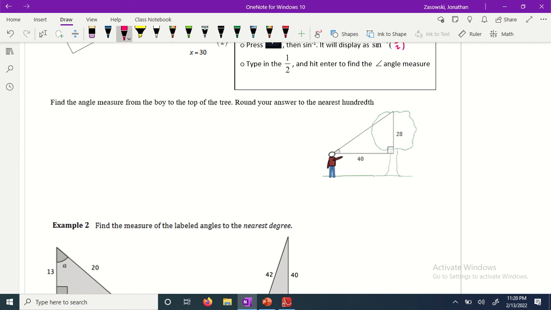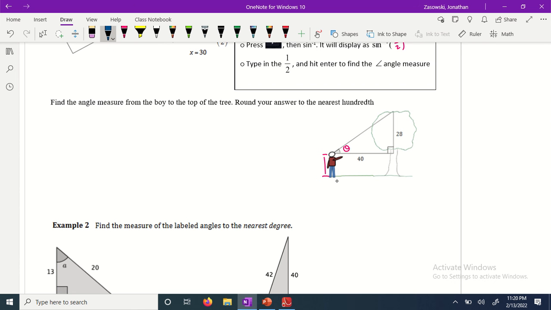Find the angle measure from the boy to the top of the tree. Now, if this were find the height, we'd have to keep in mind that there's a distance here. It doesn't affect our question because we're just looking from his eyes up to the tree. We're just looking for this mystery angle theta here. So we're still going to set this up the exact same way using SOHCAHTOA.